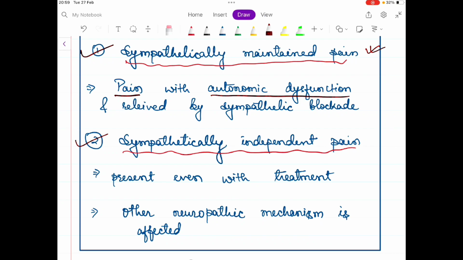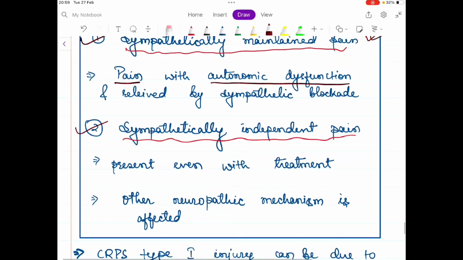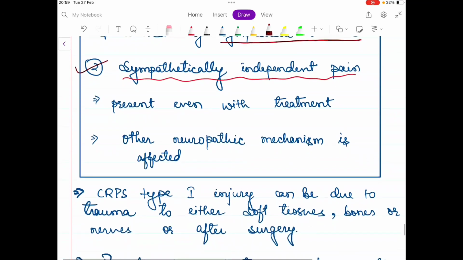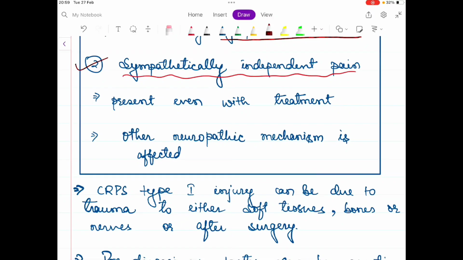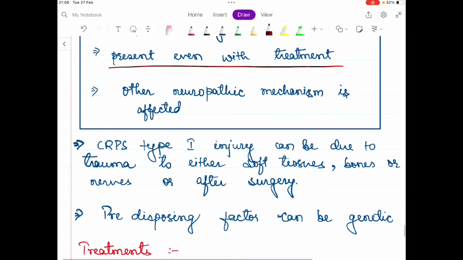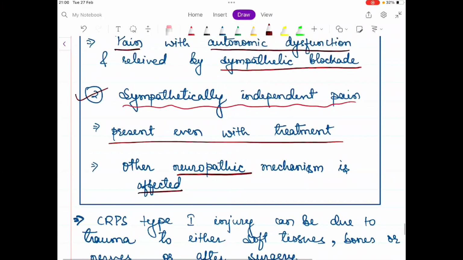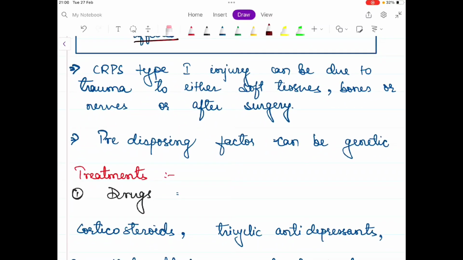The function of the autonomic nervous system won't be proper, and the symptoms are relieved by the sympathetic blockade. In sympathetically independent pain, it is present even with the treatment, and other neuropathic mechanisms are affected. Other means other than the autonomic nervous system.